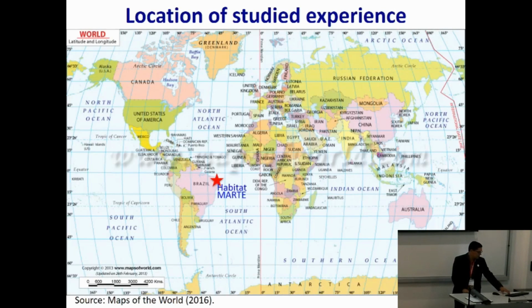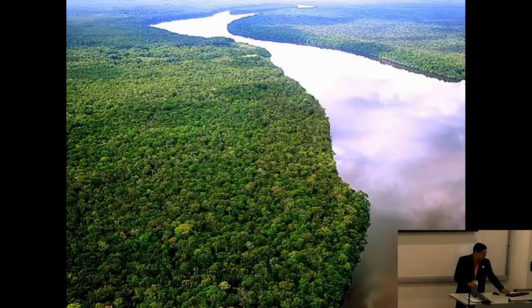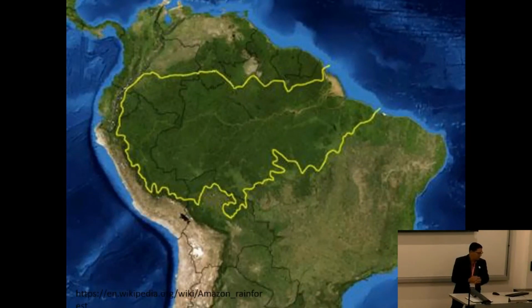Mars analog research station. Here we are based in the corner of South America. Sometimes when we are talking about Brazil, people have an image of the rainforest, but we have different ecosystems.